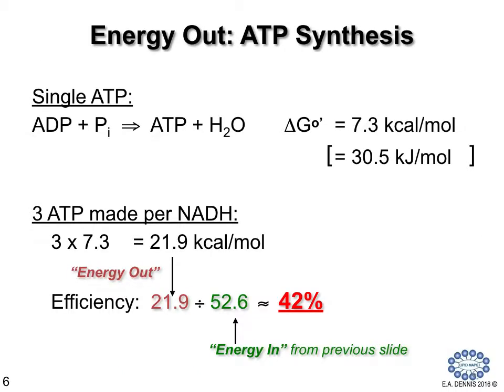The delta G0 required to make a high-energy phosphate bond, that is, the conversion of ADP plus a phosphate to make ATP, is about 7.3 kilocalories per mole. Now, since NADH yields through the electron transport chain the equivalent of 3 ATPs from the gradient generated, that would be a total of 21.9 kilocalories per mole that is then contained in the ATP so generated.